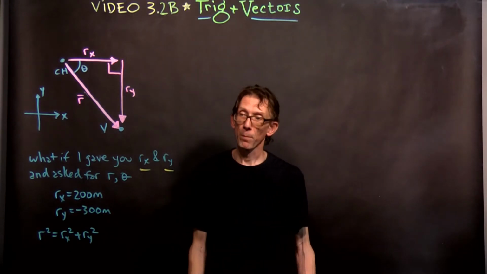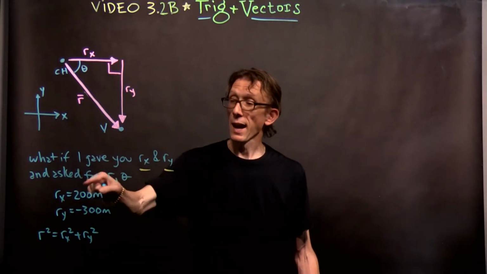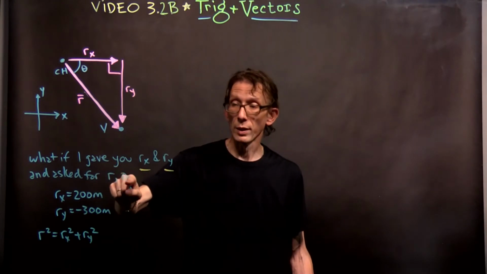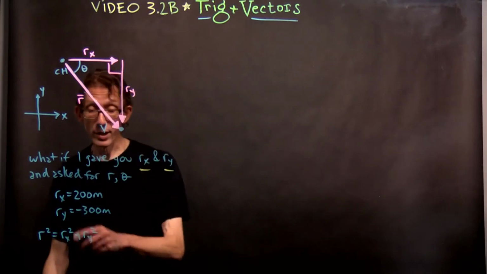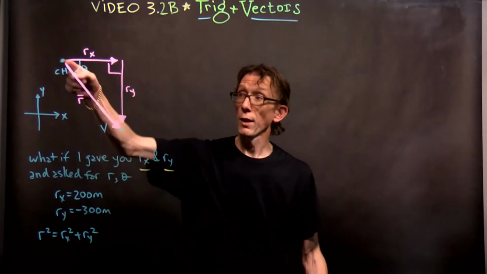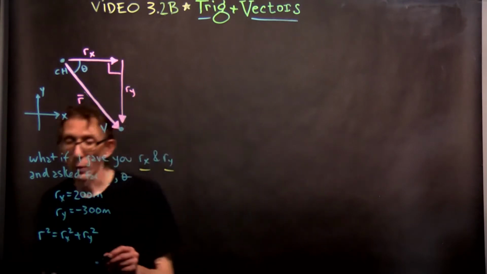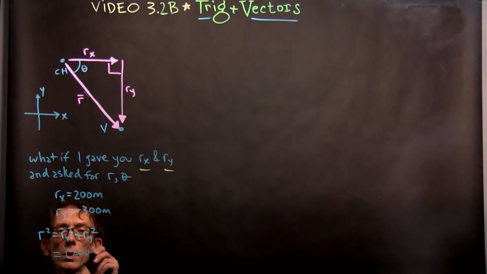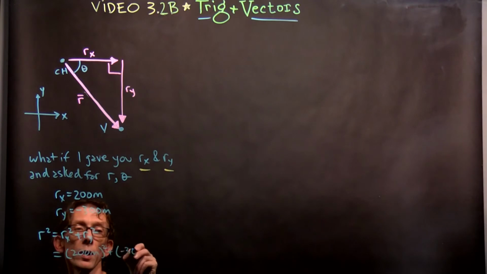So what if I gave you Rx and Ry, the components, and asked you for the magnitude of the vector, which is R without the bar over it, and theta? R squared is just this. That's the Pythagorean theorem applied: R is the hypotenuse, Rx is one side, Ry is the other side. And so we can go ahead and do this. This is equal to Rx squared, which is 200 meters squared, plus minus 300 meters squared.